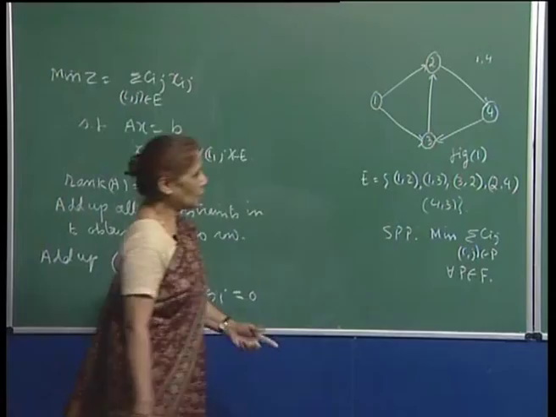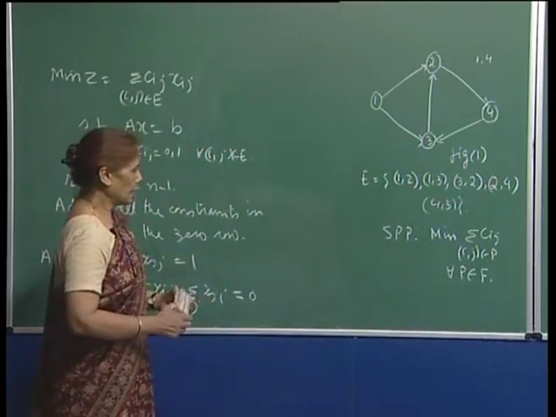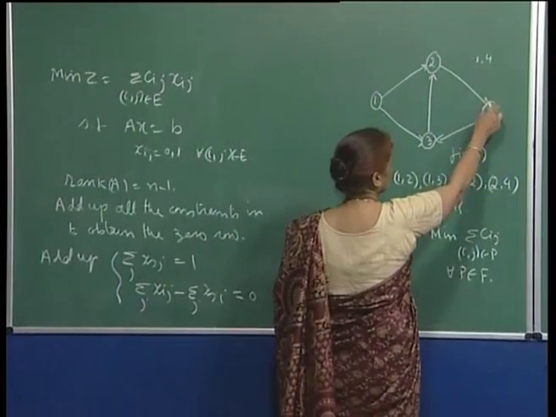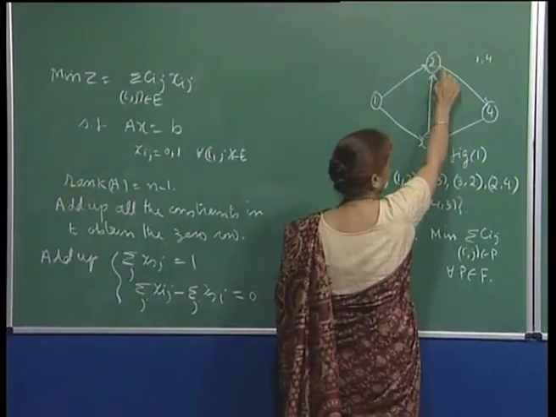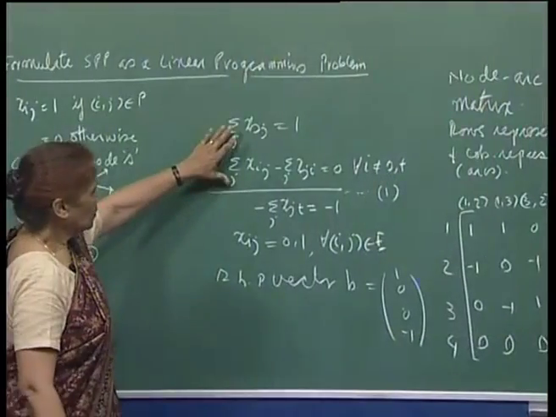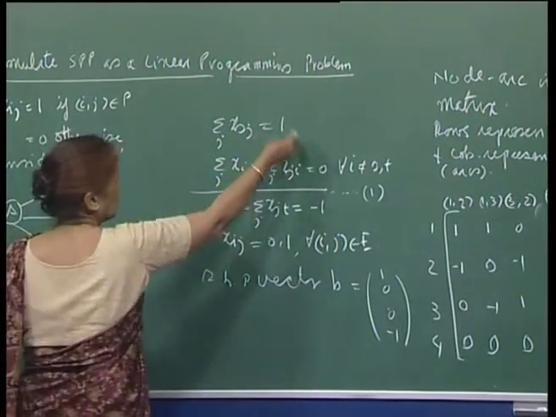So, you will be left with x_jt, because for the variable for node t, the arc which is coming into t is leaving the node j, so it will have a plus sign. When you add up these constraints, you are left with x_jt, and the right hand side is 1.